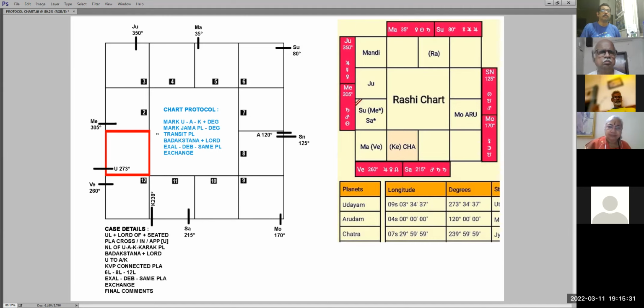Okay. Now we come to the transit planets. Transit planets are whatever they are inside over here. You don't need to write the degrees. You can just write here. Here you can write Manli. This is Jupiter here.